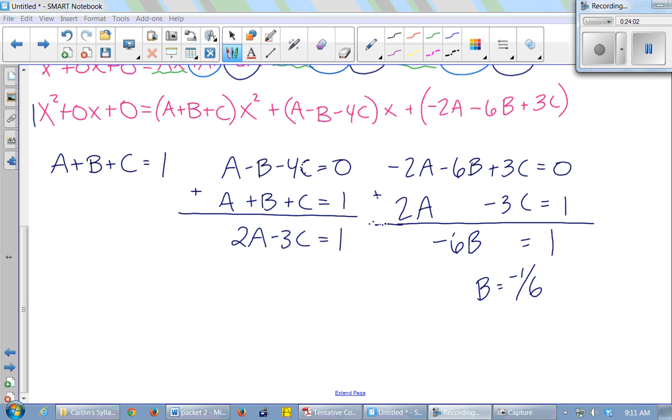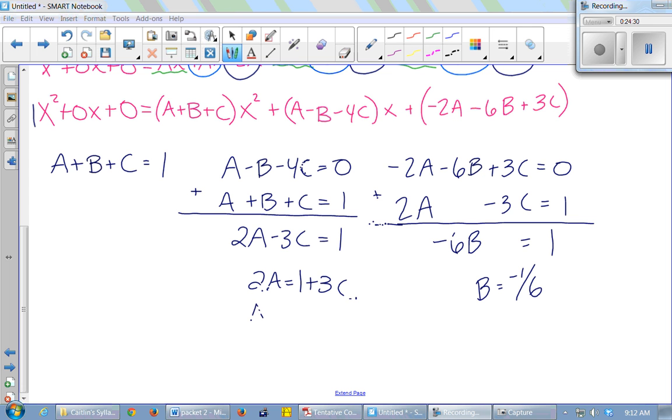All right, now what? Okay, so 2a equals 1 plus 3c. Substitute that in here. And the b and solve for the c. Good.